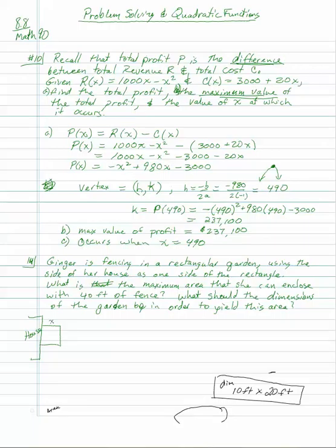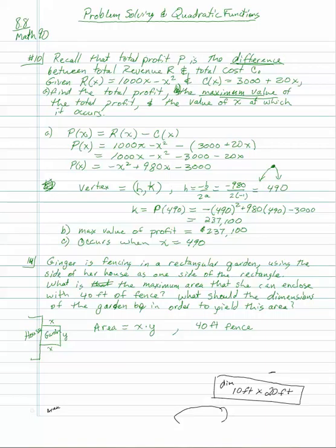We'll call this x, y, x. So we got area, which we know for a rectangle is length times width, which in this case would be x times y. And we know that we got 40 feet of fencing.